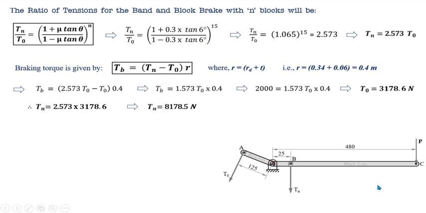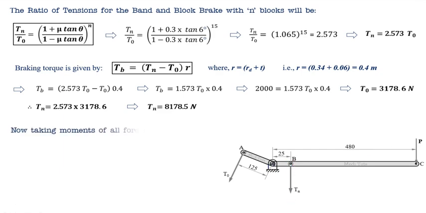Now force P will be rotating the lever in the clockwise direction, so the moment will be negative and the magnitude will be P into the perpendicular distance of force P from the fulcrum point, that is 480 millimeters. Similarly, Tn will also be rotating the lever in the clockwise direction about the fulcrum, so the moment of Tn will be negative and the magnitude will be Tn into the distance 25 millimeters.